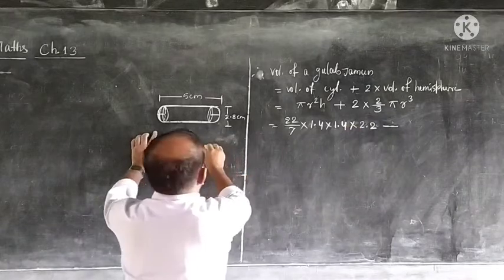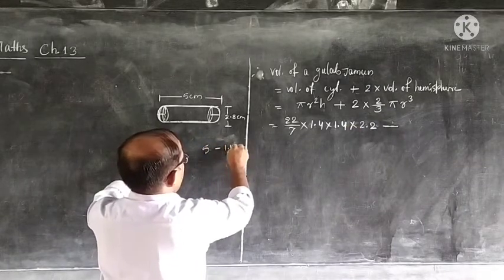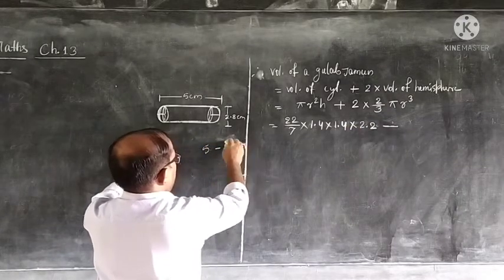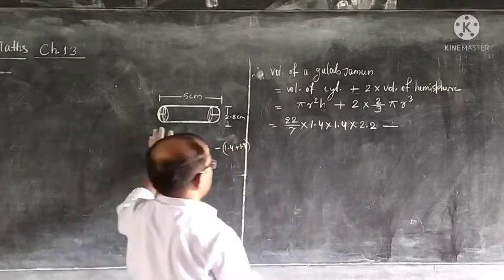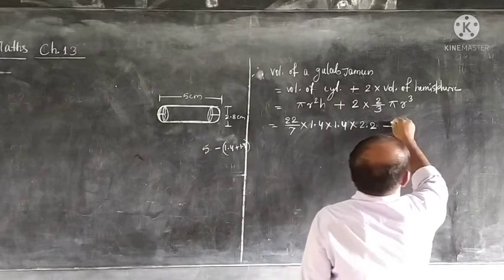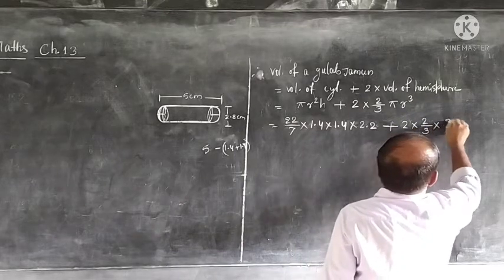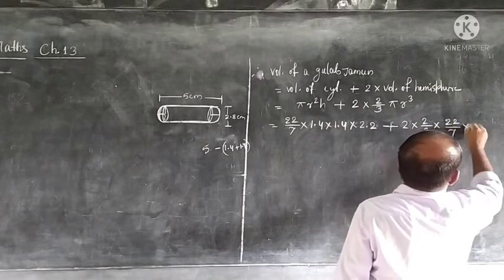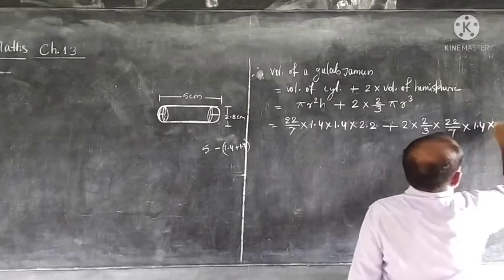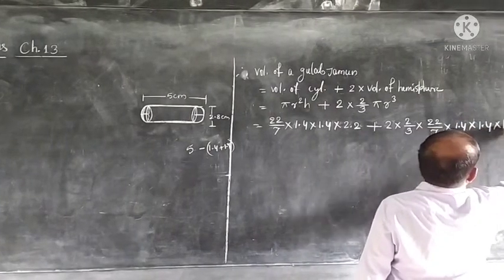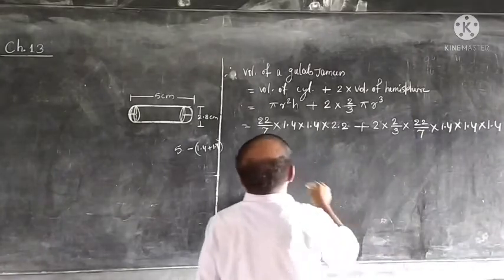Height was 5 minus 1.4 plus 1.4, so 2.8, yes, 2.2, plus 2 into 2 by 3 pi, 22 by 7, radius 1.4 into 1.4 into 1.4.